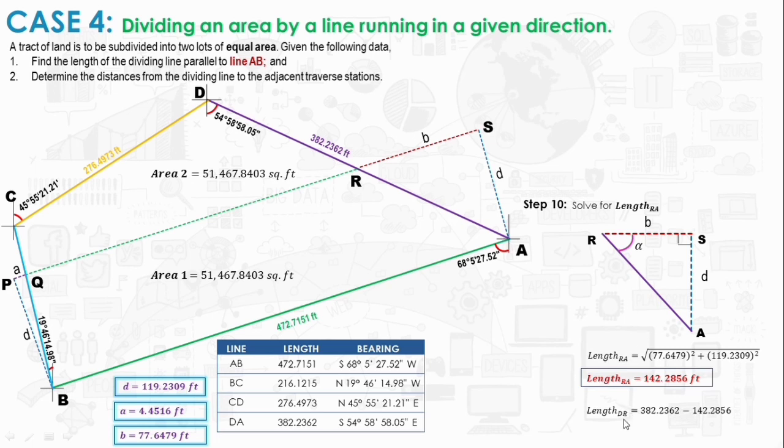So, yung length ni DR ngayon magiging 239.9506 feet. So, meron na tayong distance from the dividing line to the stations D and A.